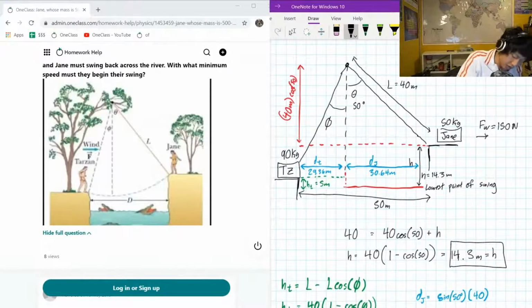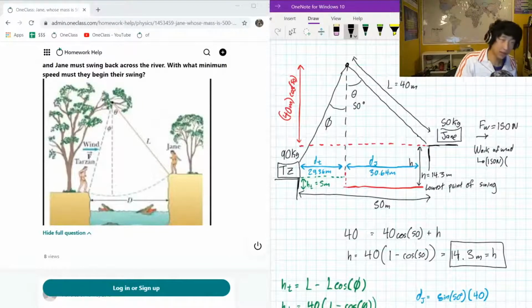Okay, and we know that the work done by wind is going to be 150 newtons, because it says it's going to be constant, and we're going to multiply it by the distance at which it's going to be applicable, right?